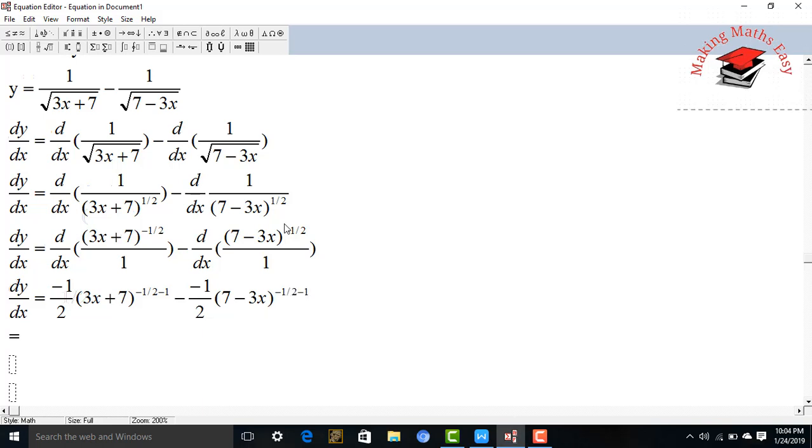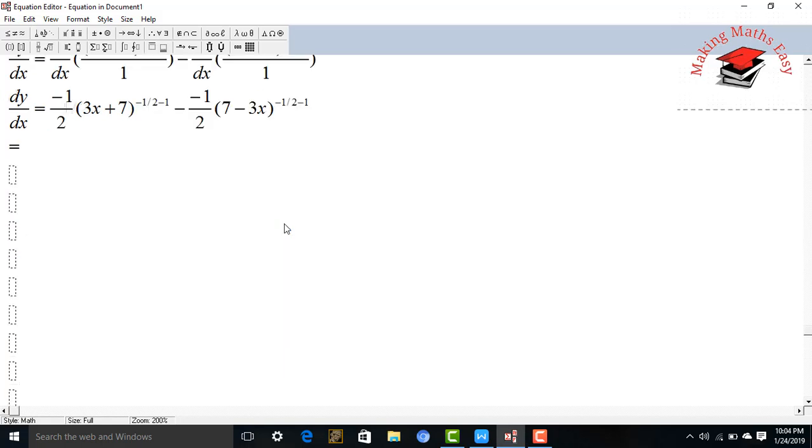Which is equal to, minus 1 by 2 we can take as common, taking a square bracket. And again we have forgotten one thing here: to find the dy by dx of this, we have to go inside and take the derivative, as I told you in the previous video.